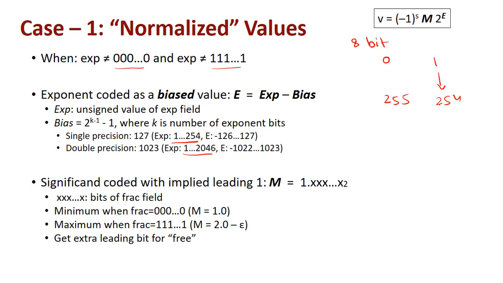Now, one thing that we'll discuss in more detail in a Q session is bias. Remember, signed numbers generally use two's complement encoding, and we have studied it in much detail.